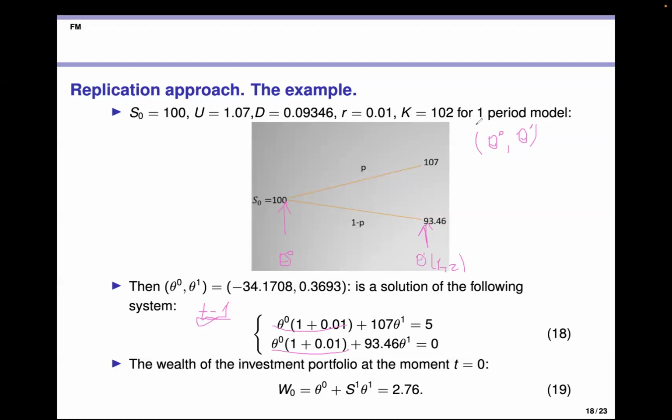What about the stocks? At the end, we have some number of stocks, it doesn't matter how many. At the end of the period the price of the stock is 107, so we have 107 multiplied by the number of stocks.